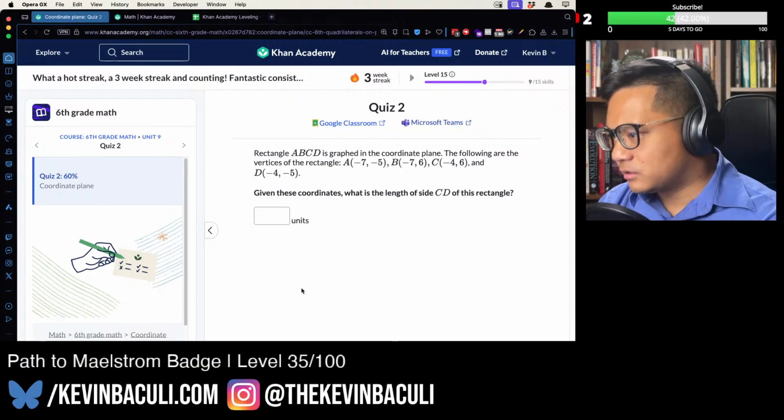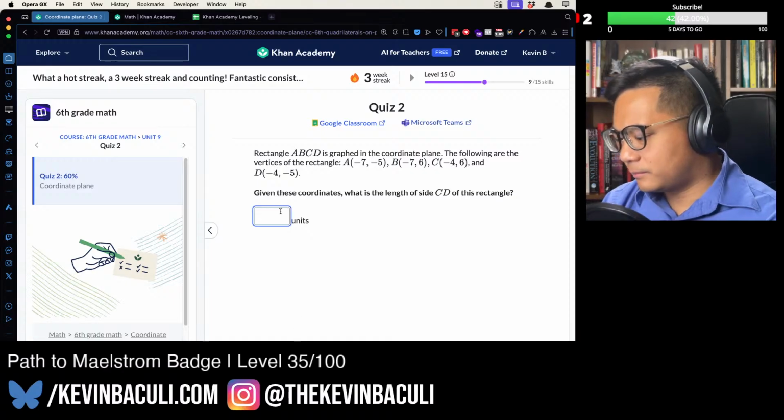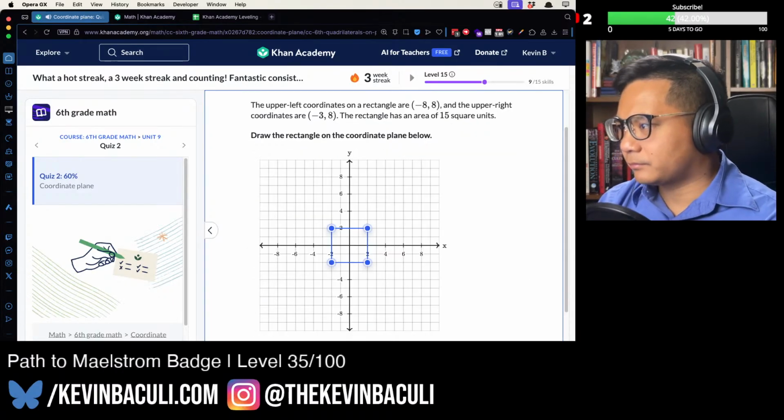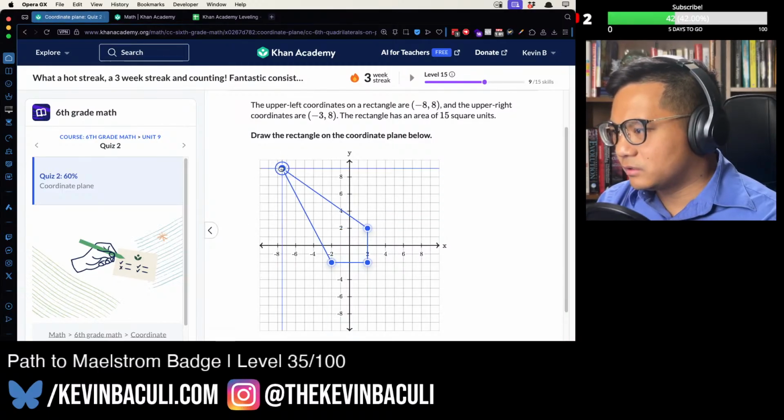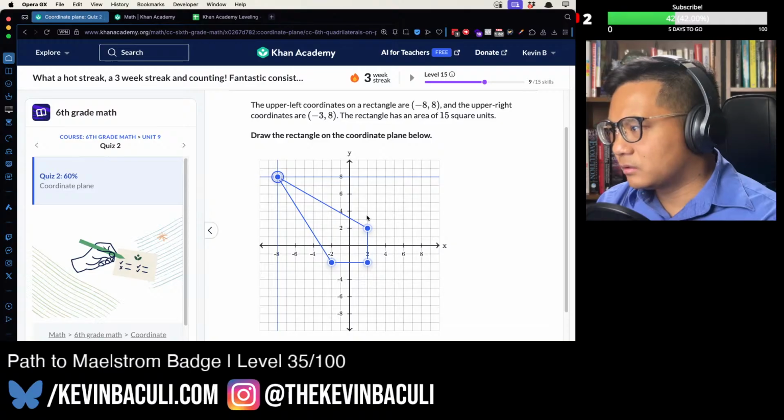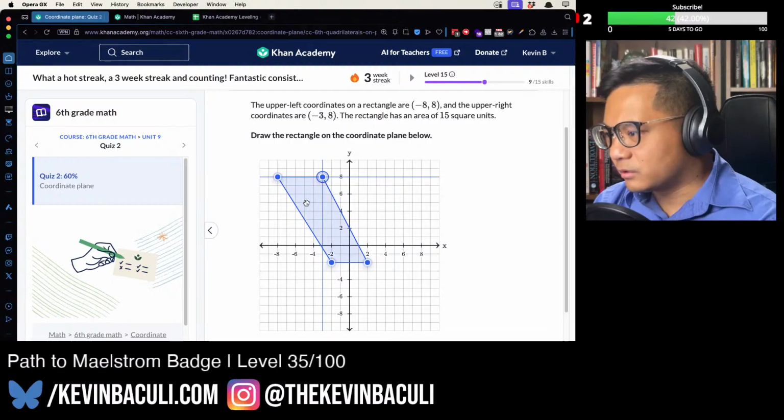CD. 11. Upper left coordinates are negative 8, 8. Upper right coordinates are negative 3, 8. Area, so this is what? 5. It's going to be 3.